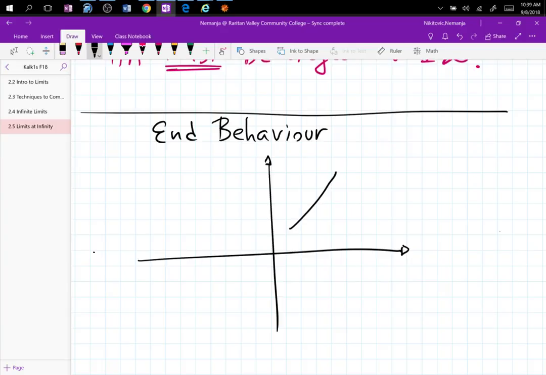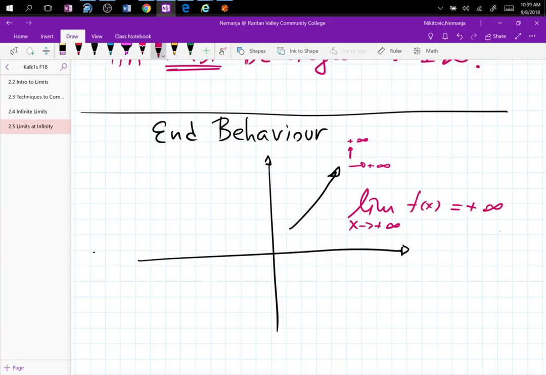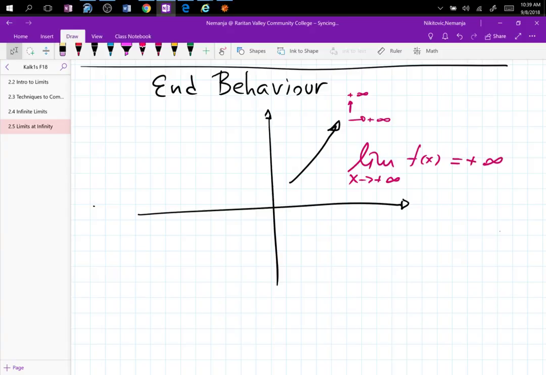Function could have this type of behavior. Please note that this motion is going to positive infinity in x and positive infinity in y. So it shouldn't take a lot of IQ to write that the limit as x goes to positive infinity of f of x is positive infinity. This is the end behavior, and one of the possibilities you can have for a function.